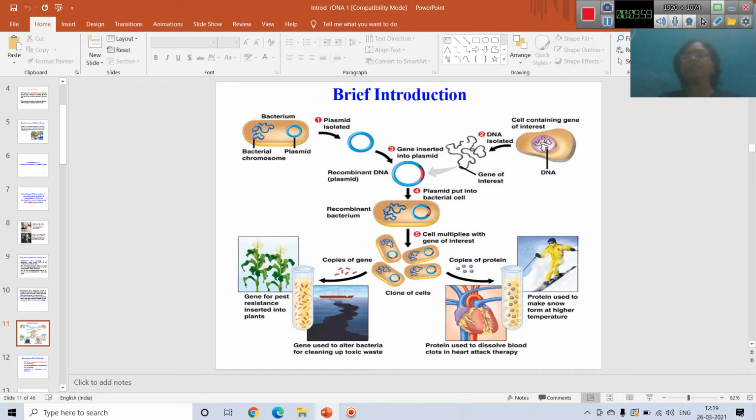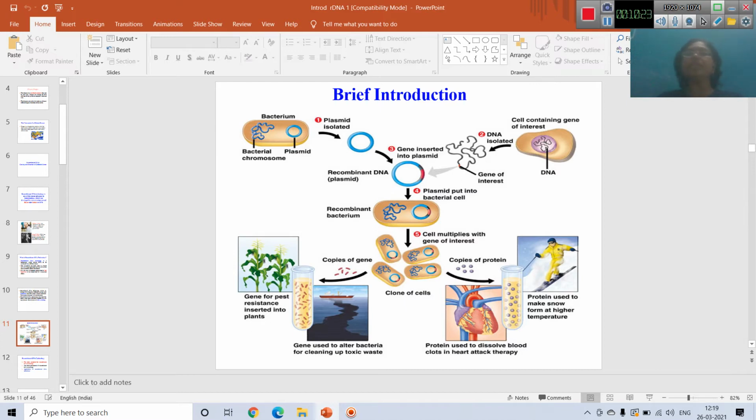For example, this can be any eukaryotic cell. It can be a heart cell, a kidney cell, or a pancreatic cell, or any cell which is making that particular type of protein or enzyme molecule.